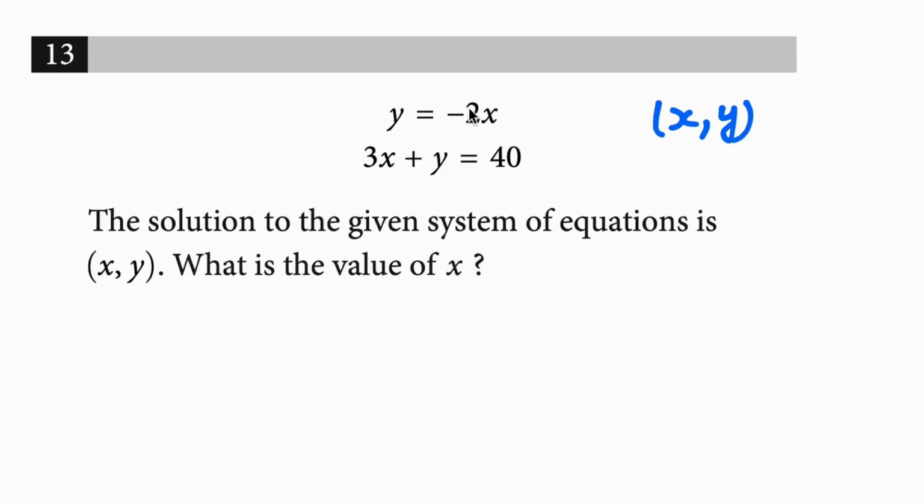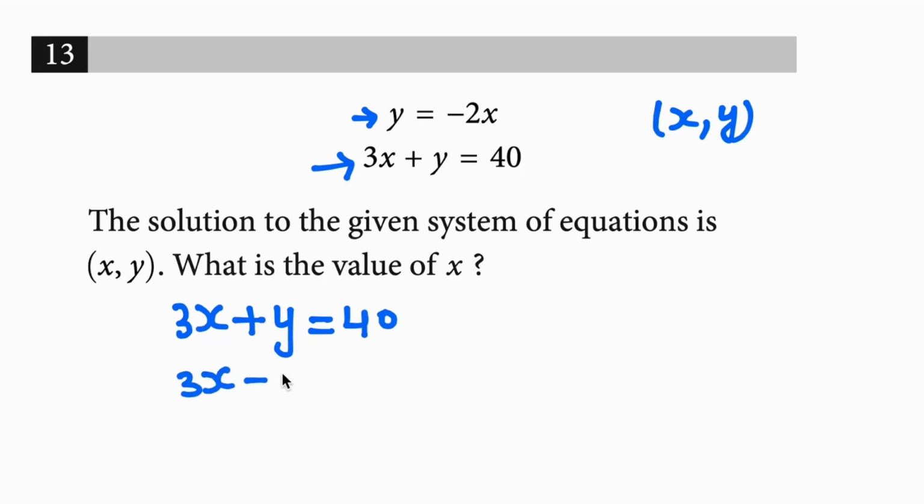Because we are taking these two equations simultaneously, y is equal to negative 2x, and I can just plug it in at the place of y. Our second equation is 3x plus y is equal to 40. At the place of y, I'll plug in negative 2x: 3x minus 2x is equal to 40. 3x minus 2x is x, so x is equal to 40. Now I have to find only x, so my question is over.